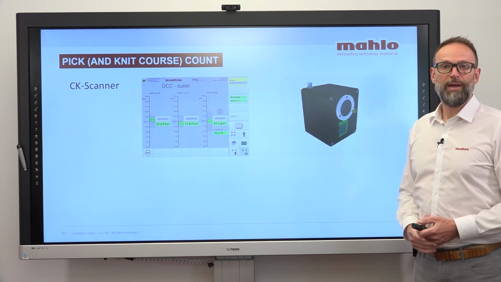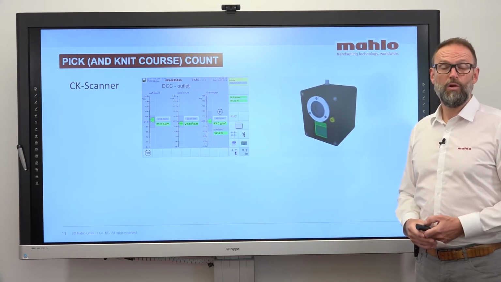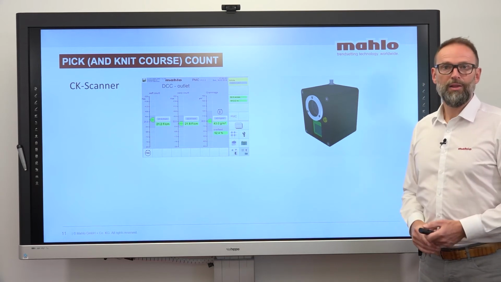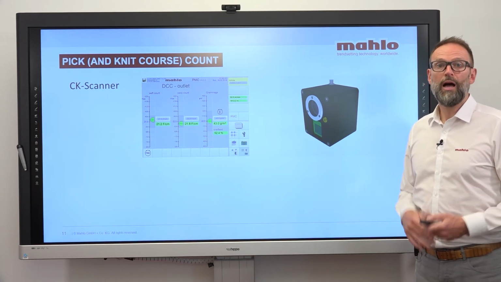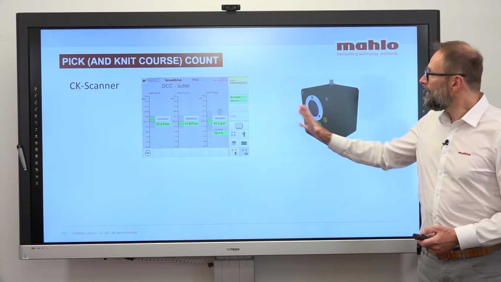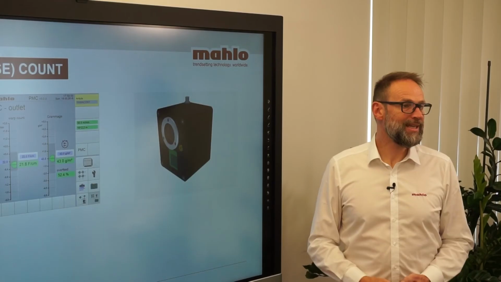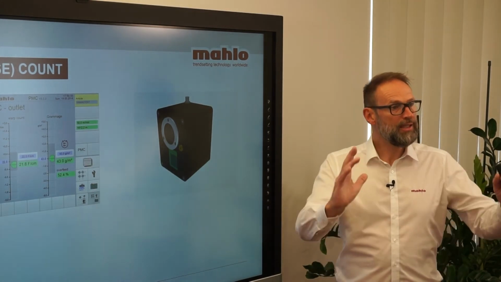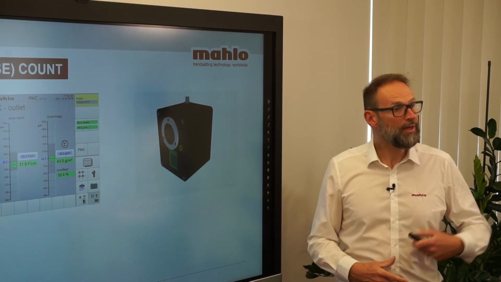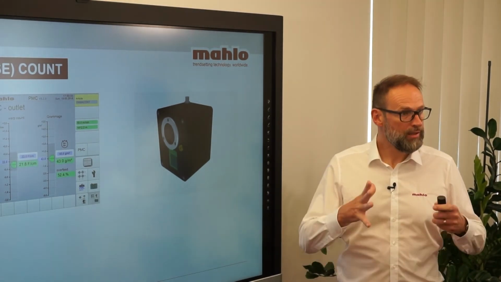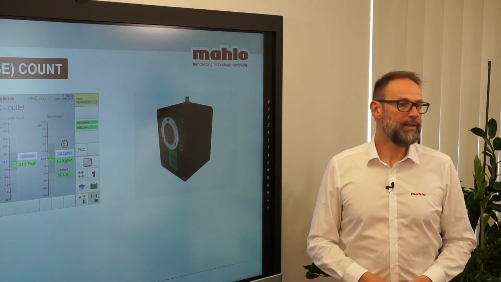If we are having now the need for a weight indication, and unlike the woven fabrics, knitted goods are always sold by weight, so it is quite important. Then we use a camera-based scanner at the exit, and this camera-based scanner is giving us an indication not only about the courses but also about the wales, and therefore calculates the weight every time automatically.